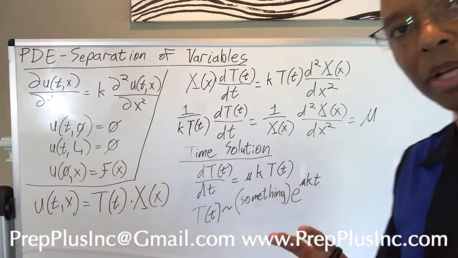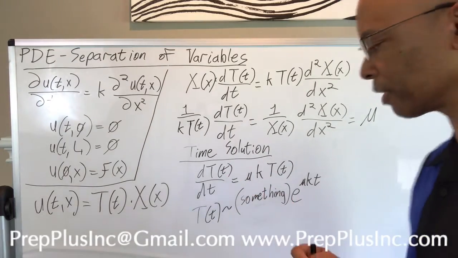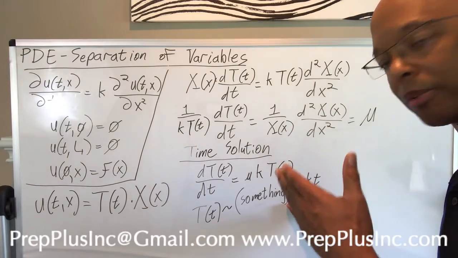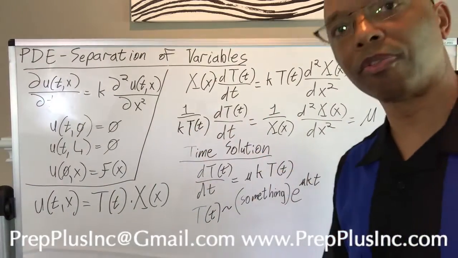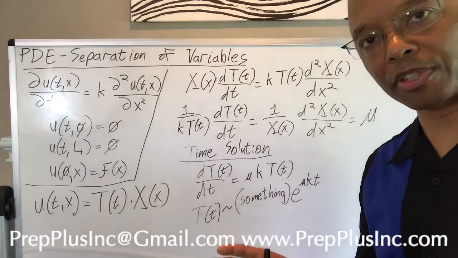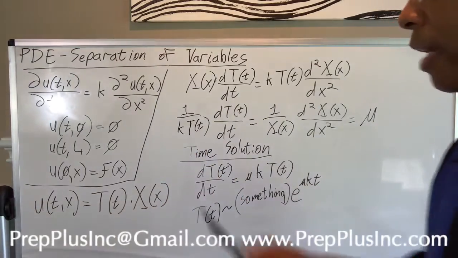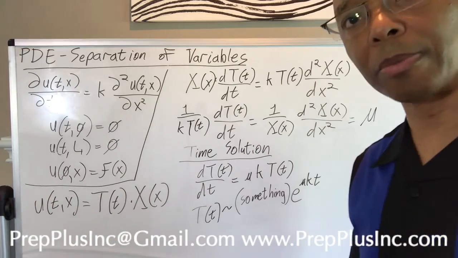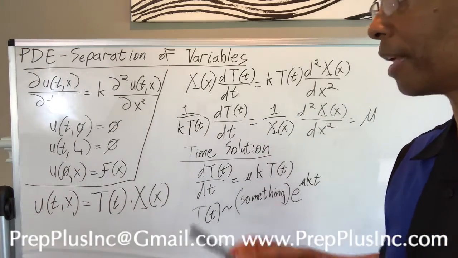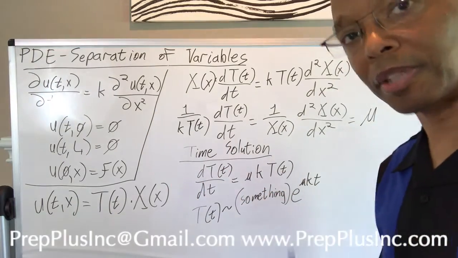Now let's look at the possibility of mu bigger than 0. If mu is strictly positive, then this exponential term grows without bounds. We know from physics that anything that's actually physical doesn't grow to infinity. We expect the diffusion of some solute within some other material to not make the concentration of the solute grow to infinity as time goes on.